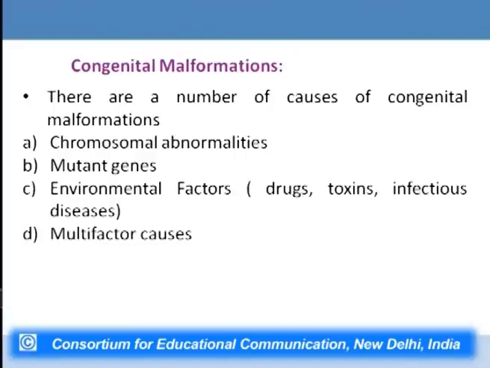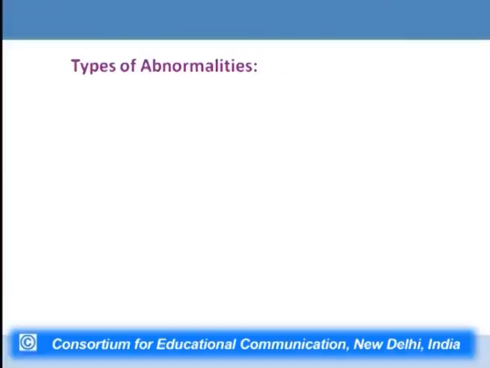Then there might be environmental factors such as drugs, insecticides, or infectious diseases caused by bacteria or viruses. And it could be a multi-factor cause, which is in fact the case for most malformations, that they are caused by multiple factors. So these are some of the causes which lead to congenital malformation.